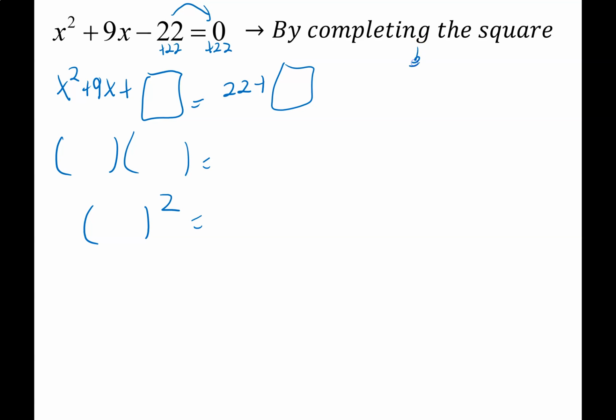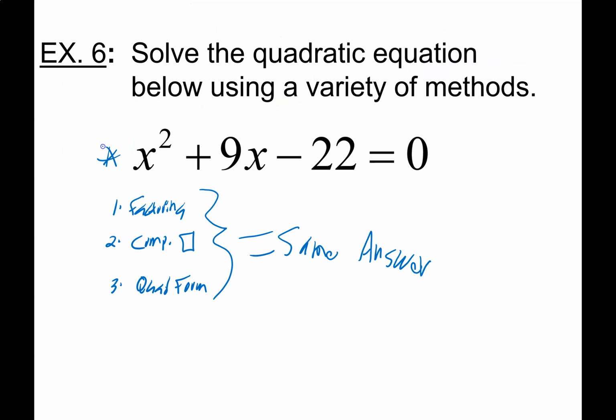Remember, to find the something, you take b over 2 and square it. There's my b. So I take 9 over 2 and square it, which is 81 over 4. Again, for those of you that love decimals, I believe that is 20 and 1/4 or 20.25, as you will. I'm just going to leave it as is.